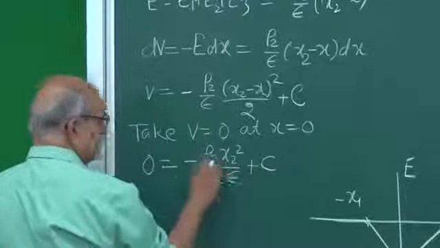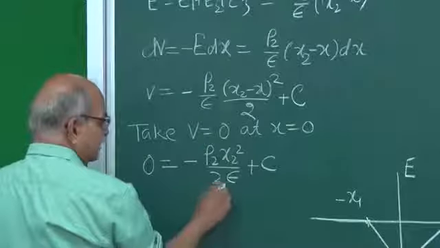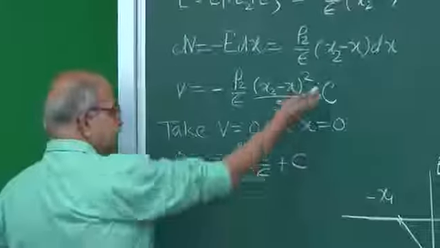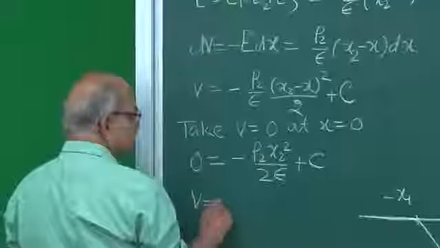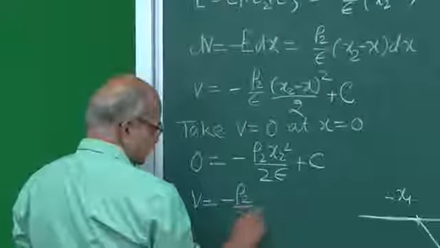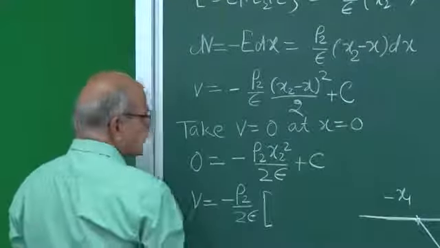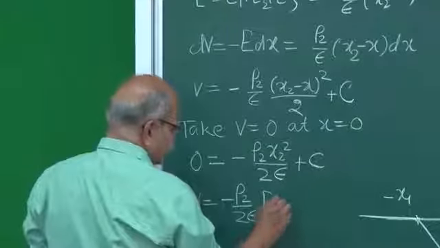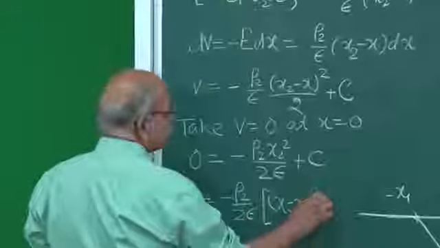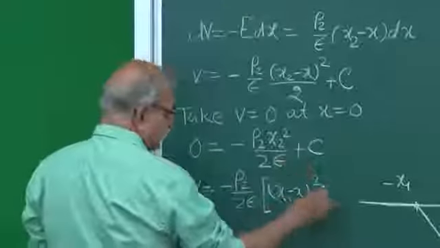So, c is rho 2 x2 square by 2 epsilon. You can put that c there and you get V is equal to minus rho 2 over 2 epsilon and then x2 minus x square minus x2 square.